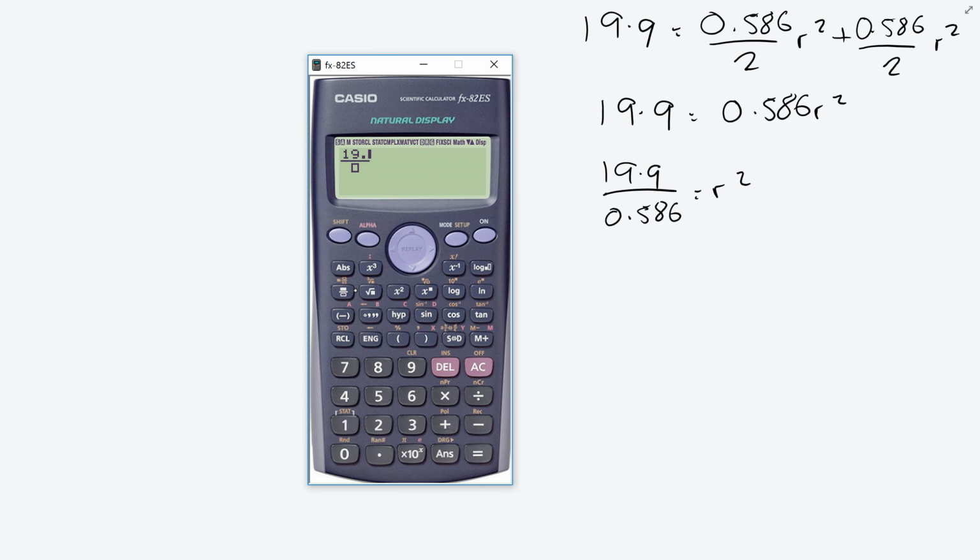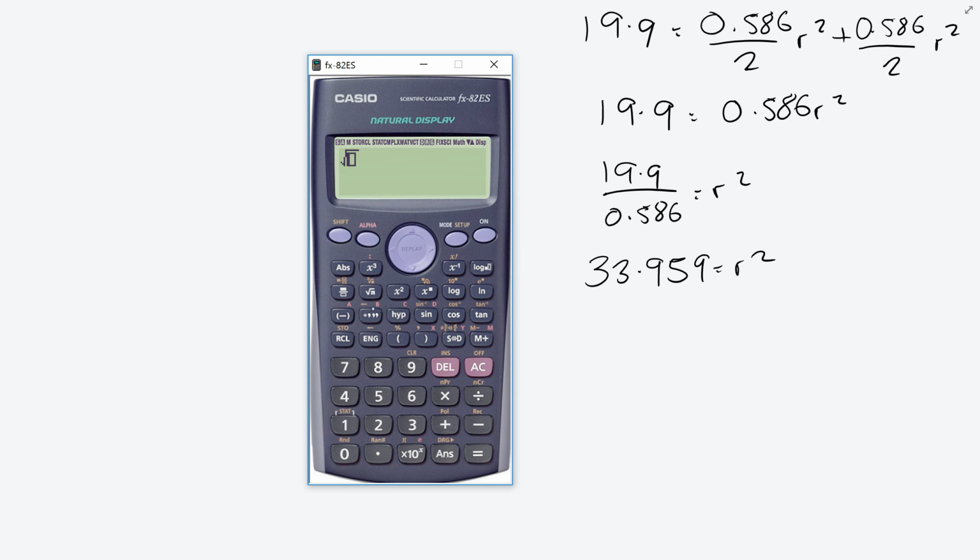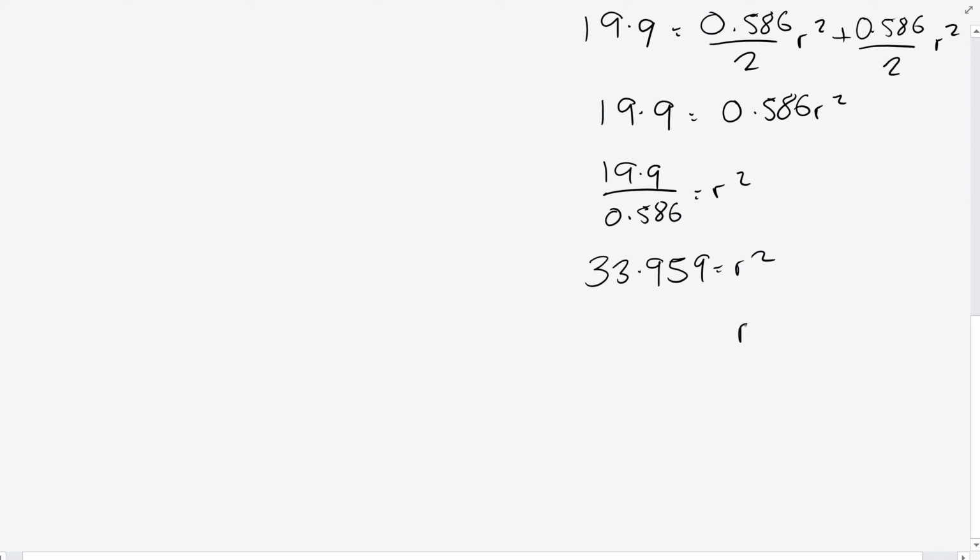So 19.9 over 0.586 gives me that r squared is equal to 33.959, but obviously I want to use the answer function here. So I'm going to now square root that to find out my radius. So my radius is 5.827. We could be considering plus or minus, but you can't have a negative radius, so we keep just the positive 5.827.